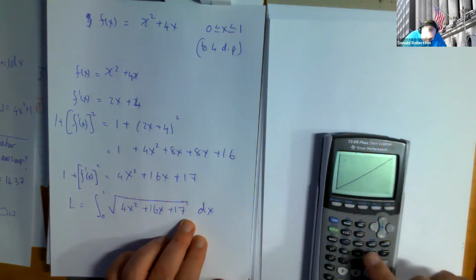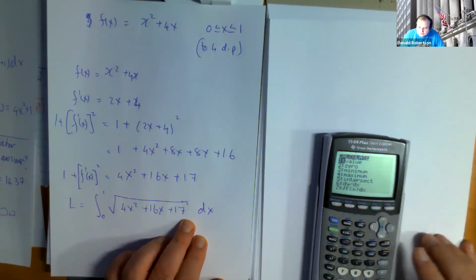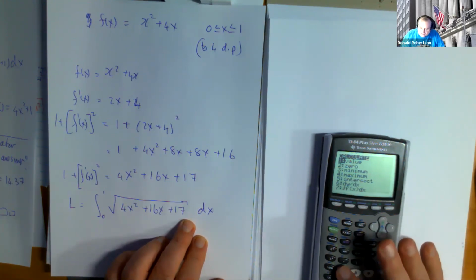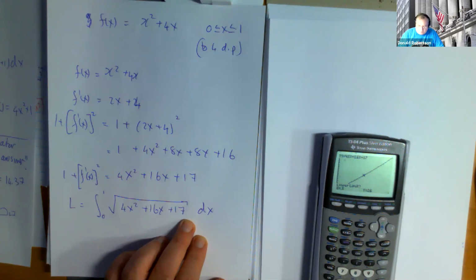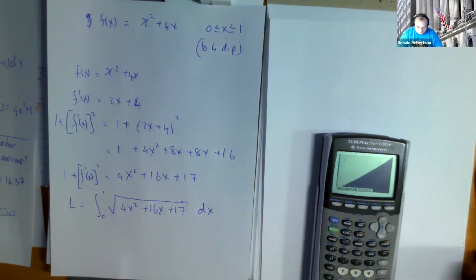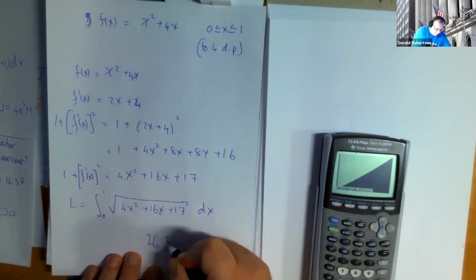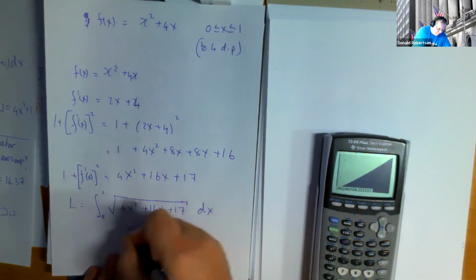I do that mostly because I want to make sure I haven't done anything weird. There's 7. Lower limit was 0. Upper limit was 1. And then wait. And to 4 decimal places, the answer would be 26.1234.